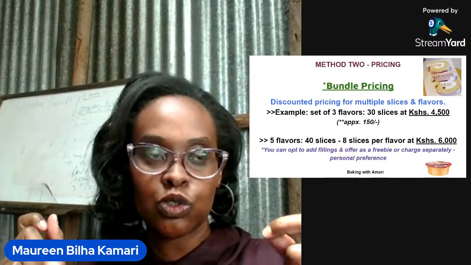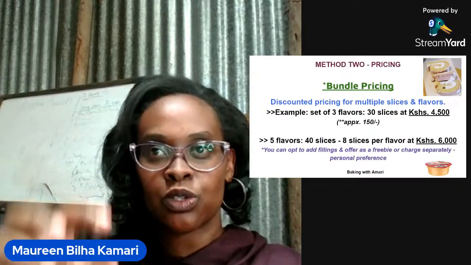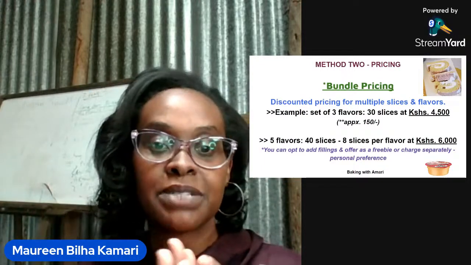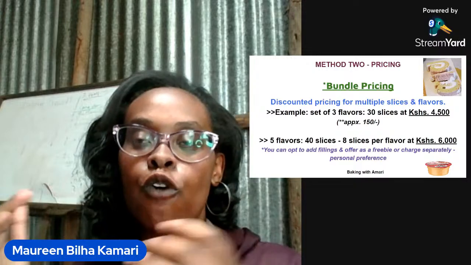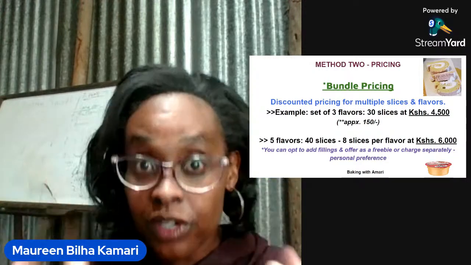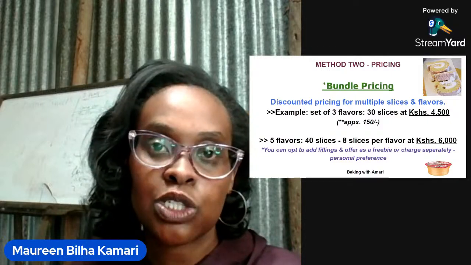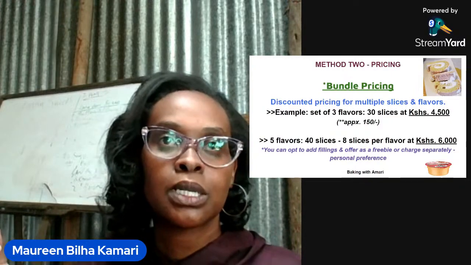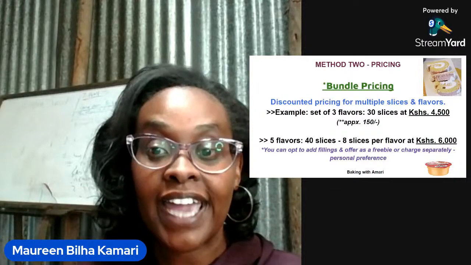So I'm not telling you per slice. I'm actually giving you a bundle and telling you the total bundle is 6,000. And then I'm telling you it's going to have 40 slices and 5 flavors. Or 4,500 shillings, it's going to have 30 slices, 3 flavors. Again, you do have to sit down and do the costing for this, but that's an easier way of doing this. And this is something I've done before that I find works very well.